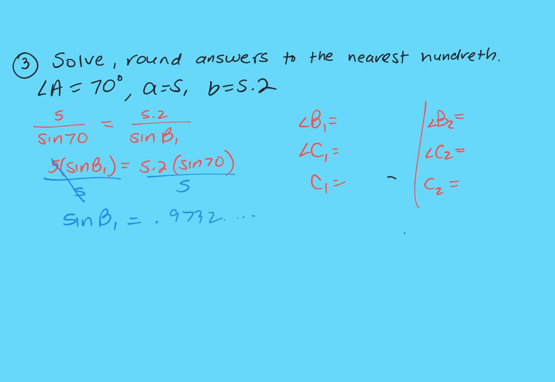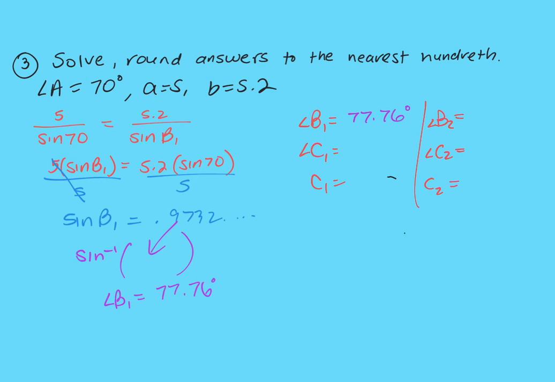Remember, you want to do second sine, second answer to pull that exact one back up so that you keep your answer as accurate as possible. So I would get second sine and then pull that answer up, and I'd get angle B1 is 77.76 degrees.